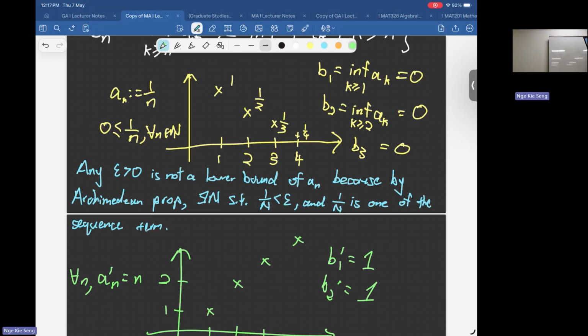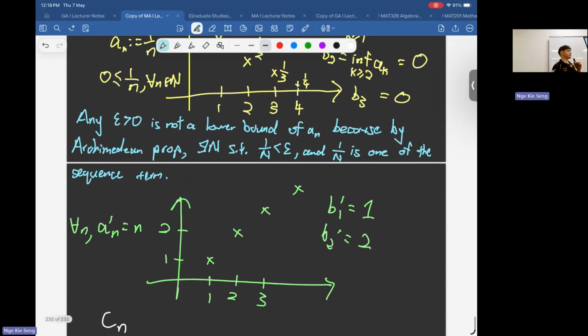I remove A1 and then I look at the sequence starting from A2. So A2 is 2. And so on. So you can see that this will create a new sequence, but in this case, it's the same sequence.